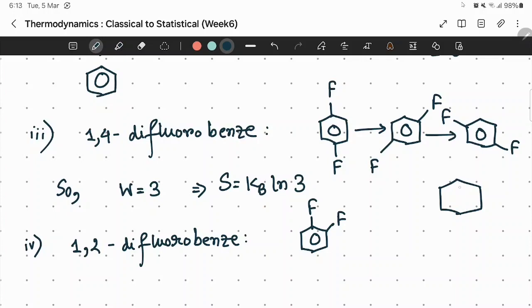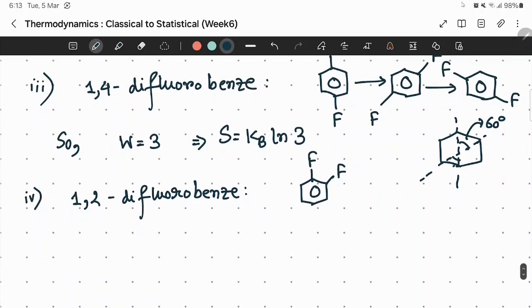If you look at this angle, how much will this angle be? 60 degrees. How is this angle determined? If you have studied group theory, it is very trivial to calculate, because in group theory we actually do these things. The angle theta will be 360 by n, where n is the number of edges, so 360 by 6, which is 60 degrees. So this rotation is by 60 degrees, not pi by 2.